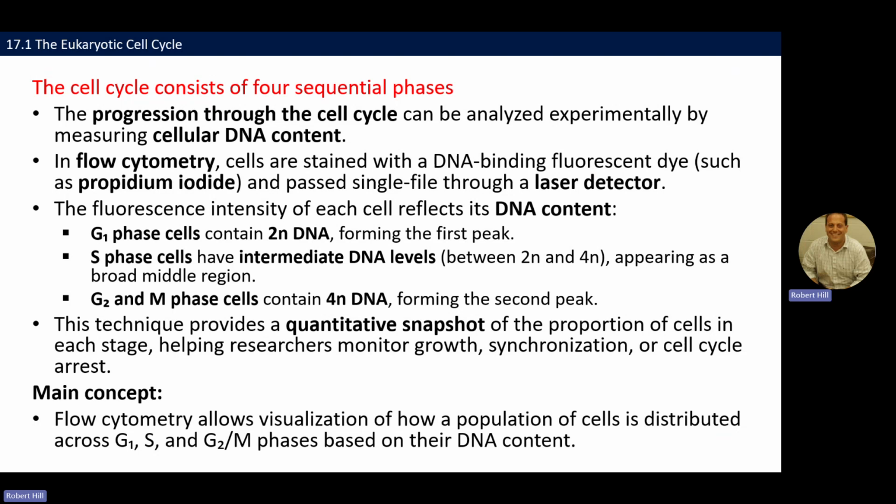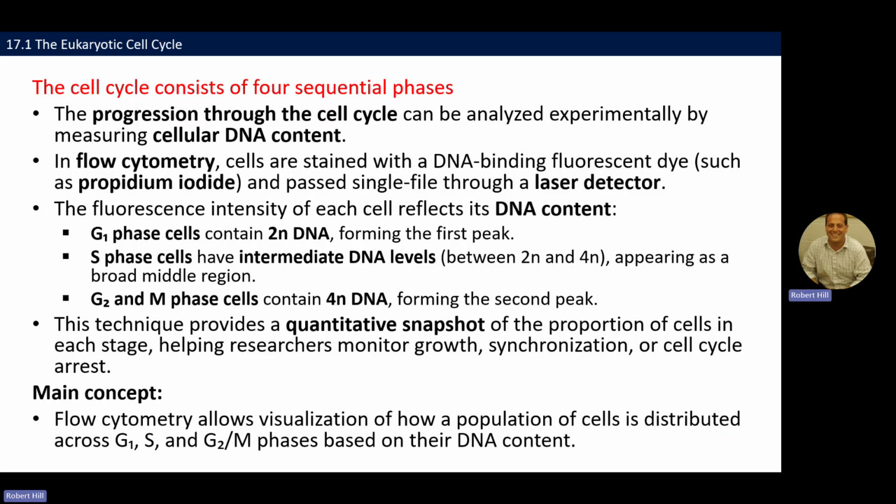So in flow cytometry, cells are suspended in liquid called a sheath fluid. Then they're propelled through a capillary system that lines the cells up one behind each other, so that you have just a line of cells.